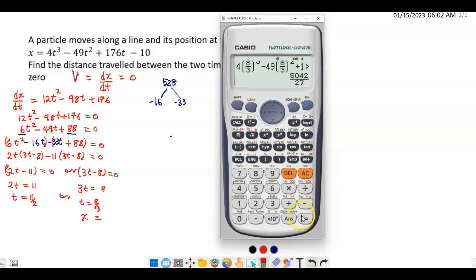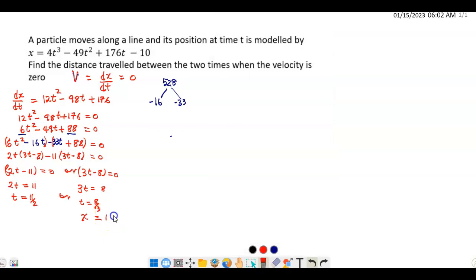When we hit the return key, we get 186.74. So x is 186.74 meters.